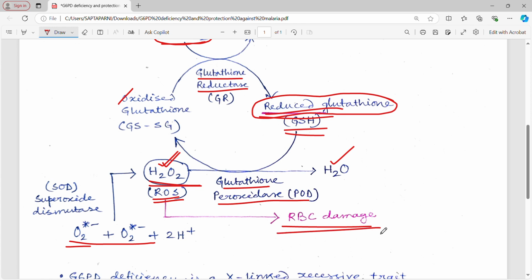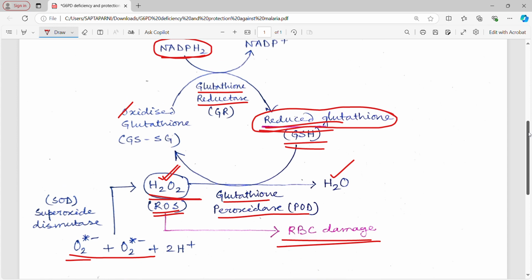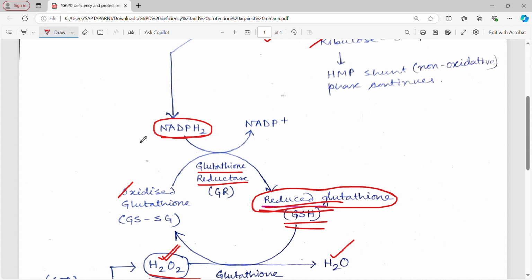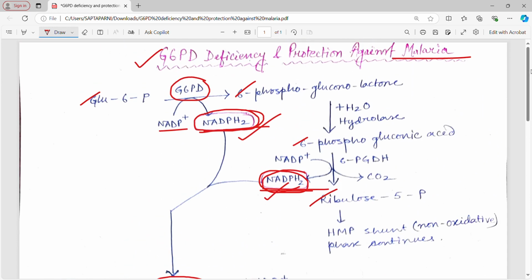Okay. So we need to convert this H2O2 as soon as possible to H2O with the help of glutathione peroxidase. And the reduced glutathione helps the functioning of glutathione peroxidase, whereas the reduced glutathione is formed by the enzyme glutathione reductase with the help of coenzyme NADPH2, and this coenzyme NADPH2 is formed due to the activity of G6PD in our HMP shunt pathway.